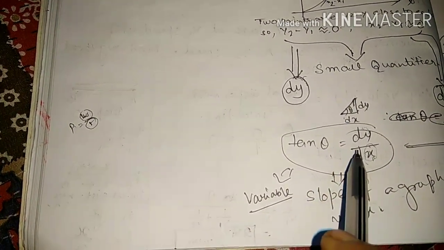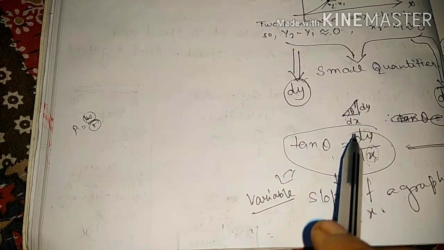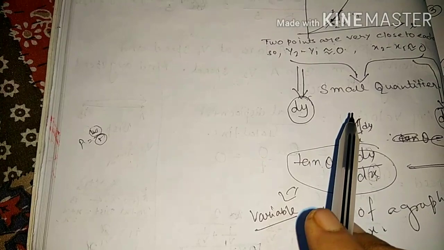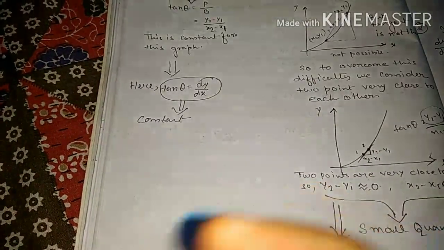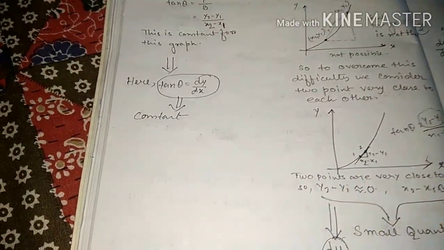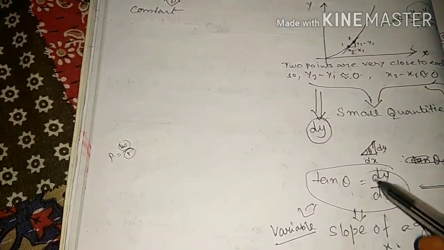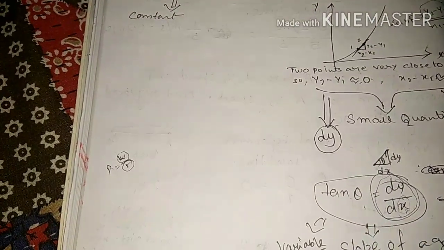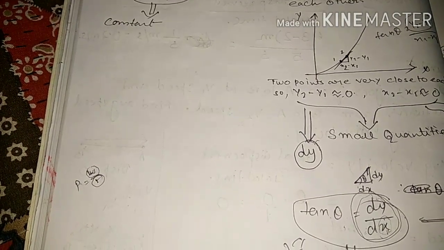If dx by dy is there, then we can say the rate of change of x with respect to y. Understood? So this is the concept about slope, and the concept of differentiation lies within this concept. Why? Because we use dy by dx when we study the formulas related to differentiation.